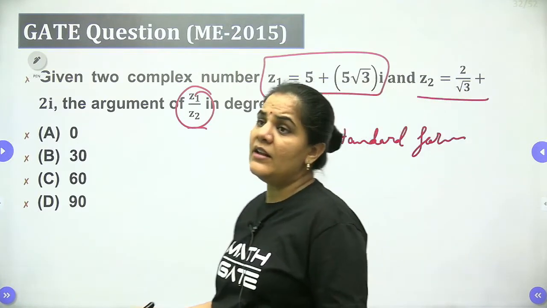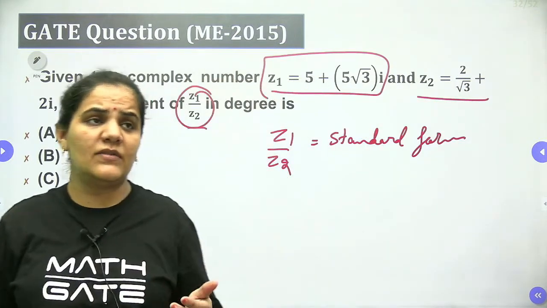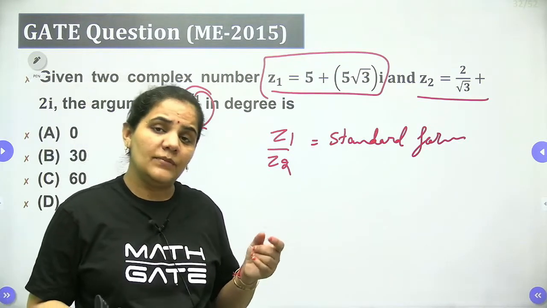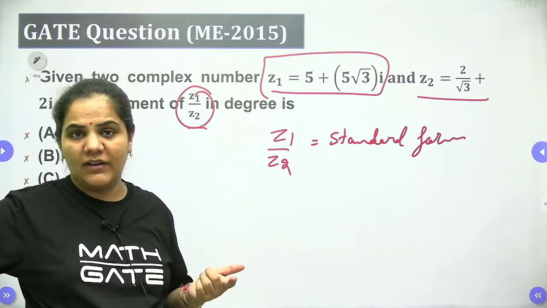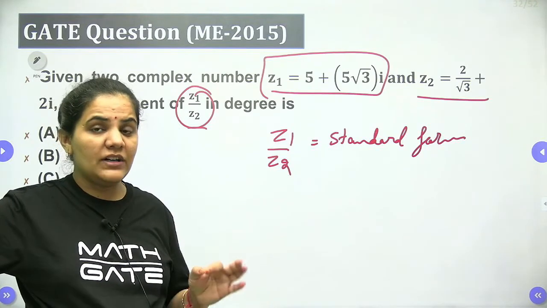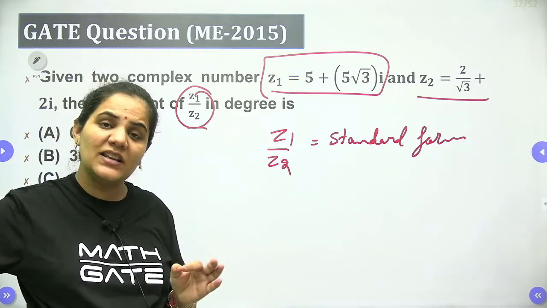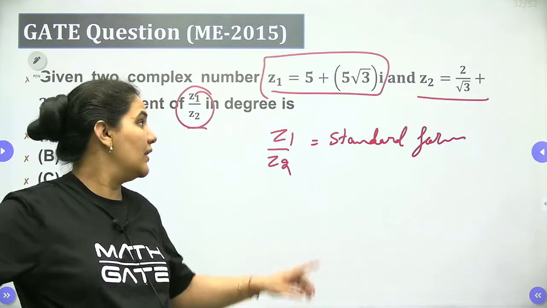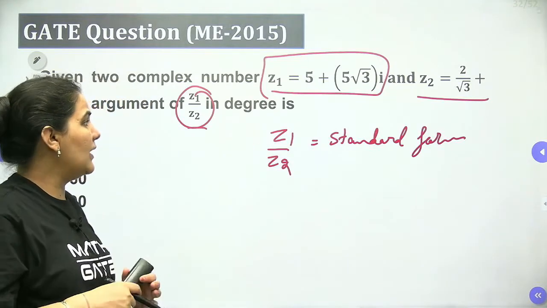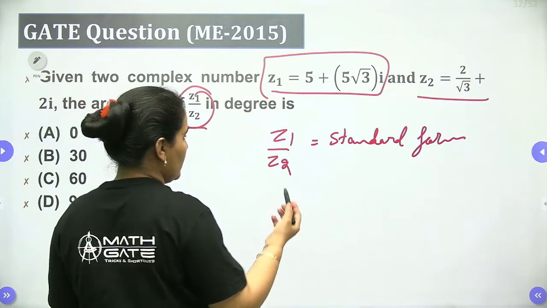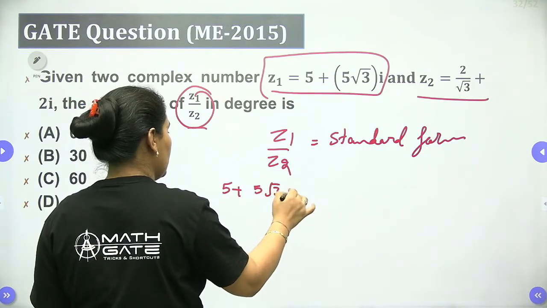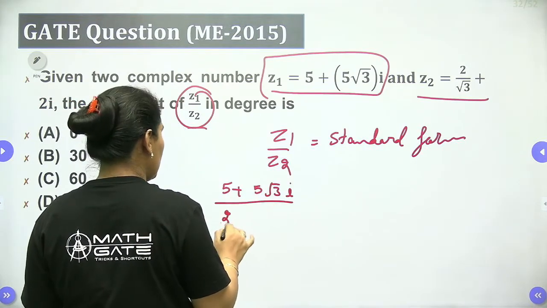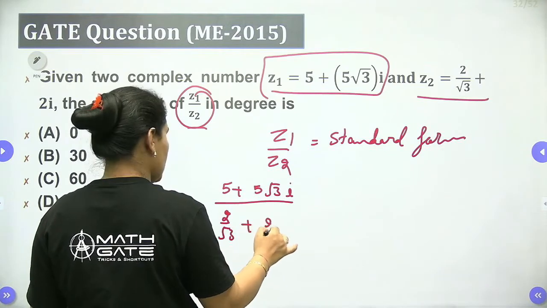As we know very well, whenever we have to find the modulus or the argument, the complex function should be in the form of x plus iota y, right? So there will not be any imaginary number in the denominator. Here, z1 by z2 is 5 plus 5 root 3 iota divided by 2 by root 3 plus 2 iota.